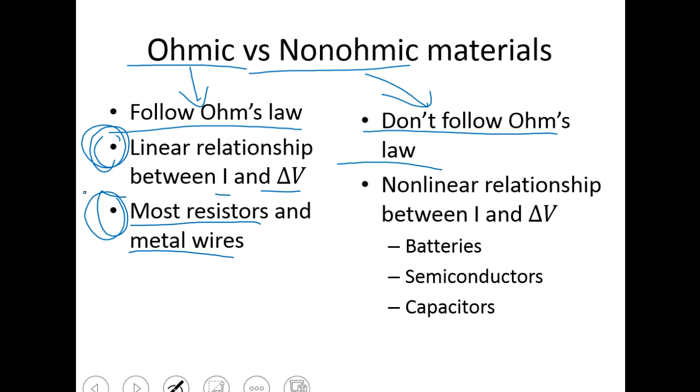However, I want you to know there's a lot of things in our lives and a lot of things that we're going to talk about and treat in this special way that don't necessarily apply, right? And so notably, non-ohmic devices are batteries and capacitors. The very things that we've built your foundation of electrical knowledge on actually don't follow Ohm's law. All right, and that's okay.